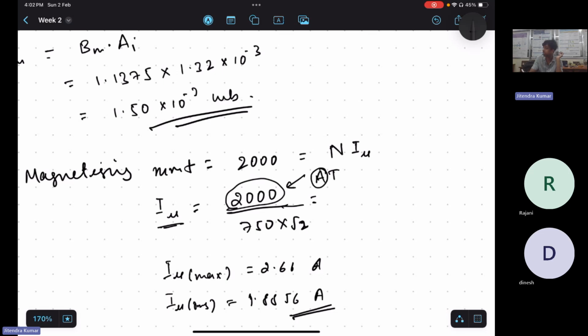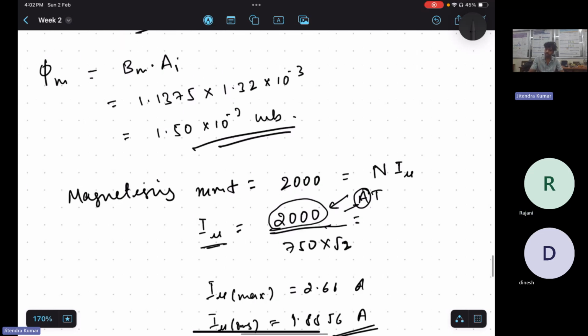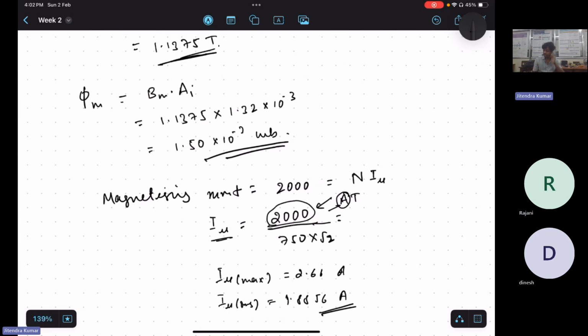Here you can see the ampere unit, and this ampere is the maximum current rating, because MMF is the rating of the winding, and rating is generally dealt with in terms of maximum value. In the problem it is not written that it is a maximum MMF. That's why I clarified this part, that this is the maximum value.